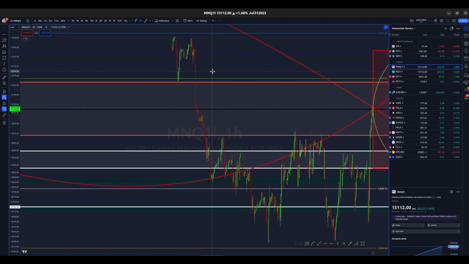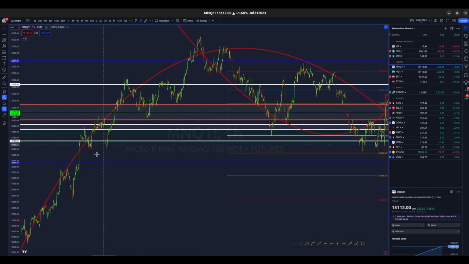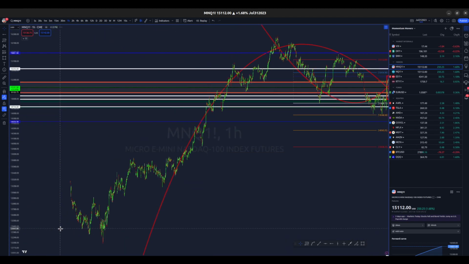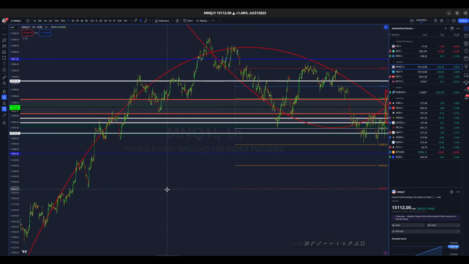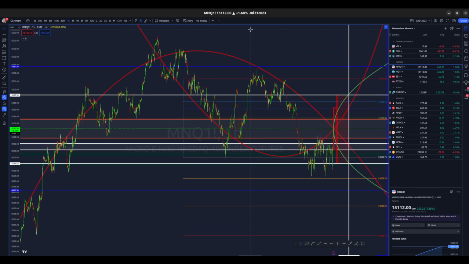So we had this massive rally, keeping things in context, since April, right? We've been bound by an upward parabola, and it's a parabolic uptrend if it was shaped like this, right?